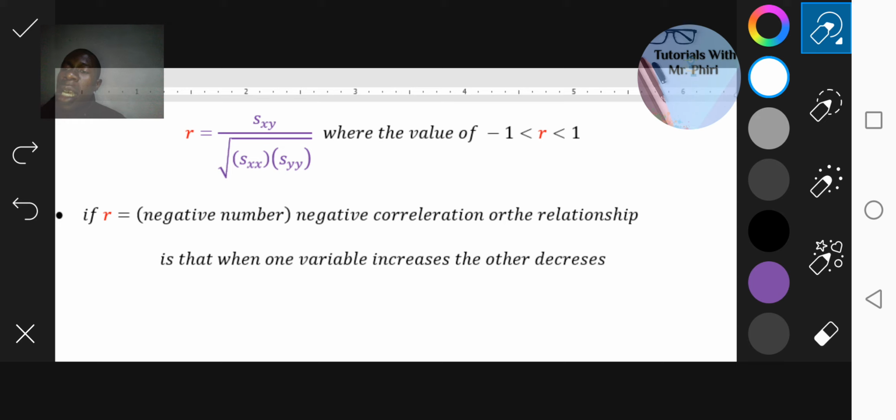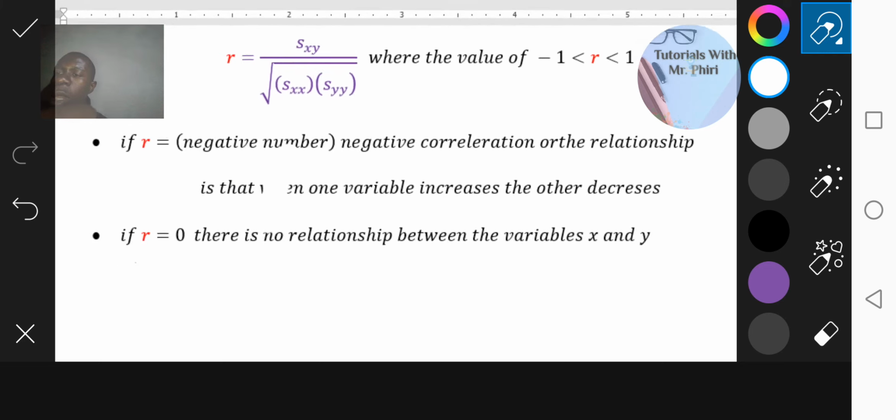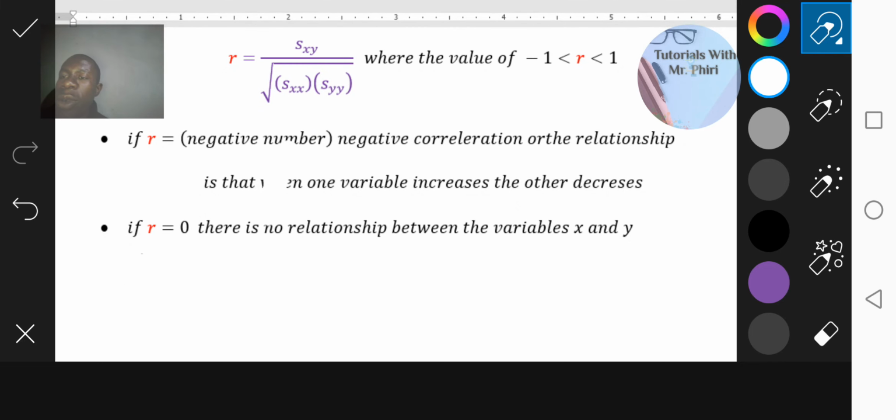It means that one variable is increasing while the other is decreasing. Then if r is equal to 0, if we get r and that value of r is equal to 0, we say that there is no relationship between the variables x and y.